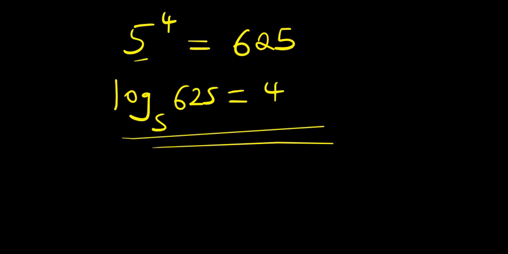Now how do these things come about? There are rules to logarithms too. Some of the rules of logarithms: if I've got the log of 1, with a base, the log of 1 is always 0.